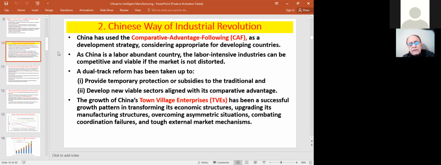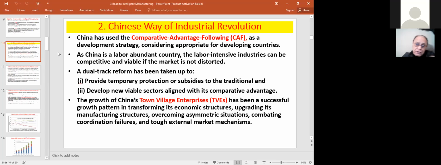China, in fact, has taken a big leap jump. It has used a system called comparative advantage following, CAF. Comparative advantage following was really a self examination of its own system: what are the advantages, where do they have a market edge.